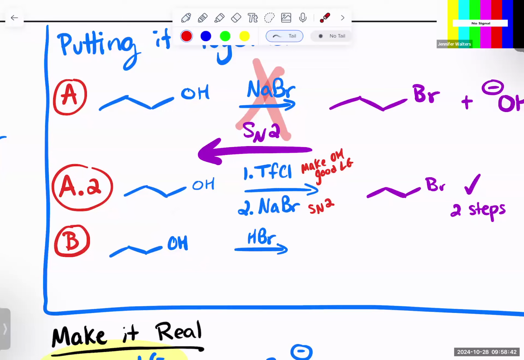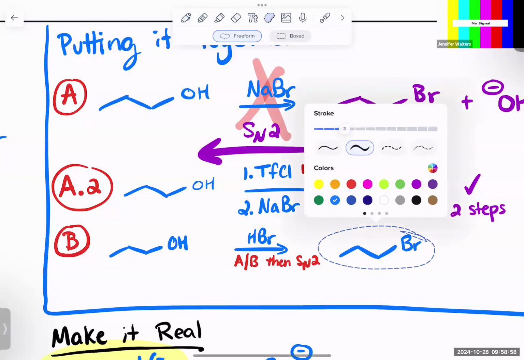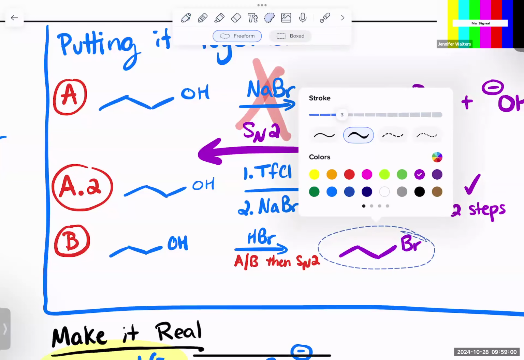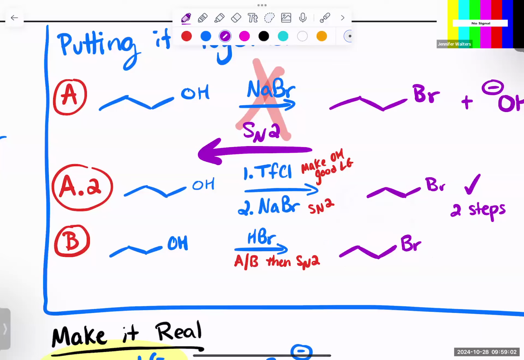So I'm protonating and then the nucleophile can come in. That's doing acid base, then SN2. That works, that will give you your bromine. Something we have to watch out for though, so that works, but it risks SN1.